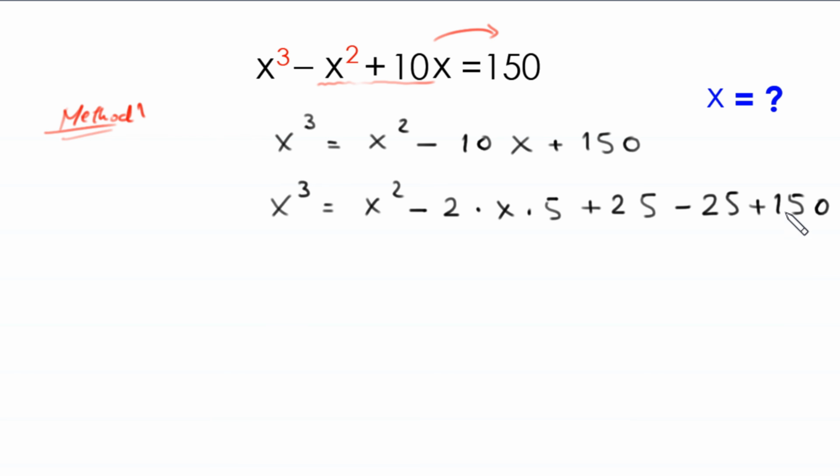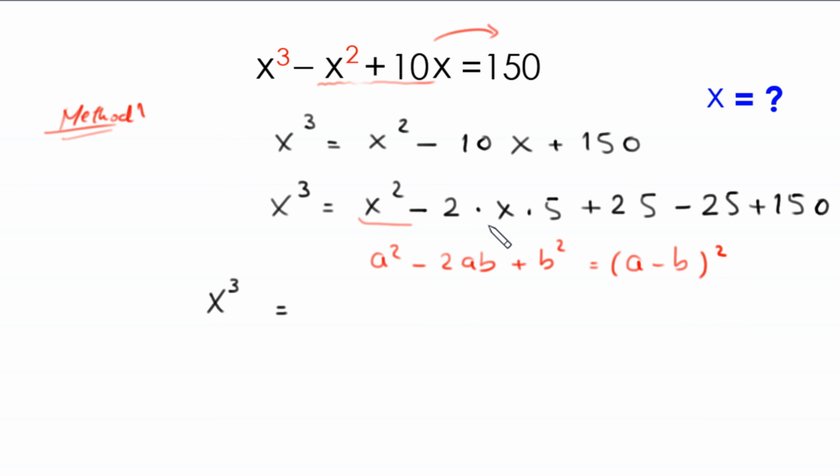Further simplify, this will become x cubed equal to, by using this algebraic identity, a squared minus 2ab plus b squared equal to a minus b whole squared.